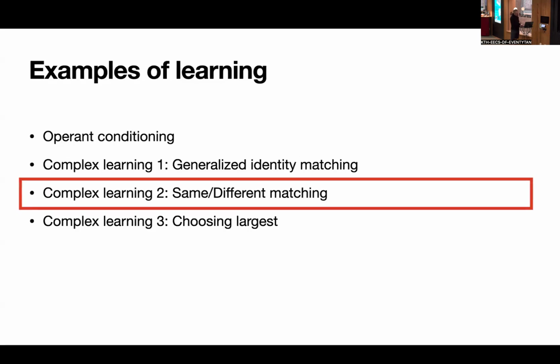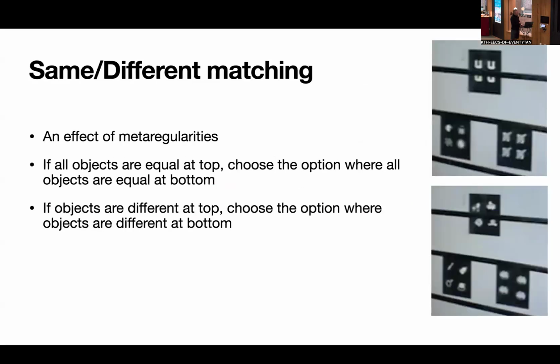And this is another example, also related to what Patrick showed, that we can imagine a task like this: if all objects in the top matrix are similar, then I should choose this matrix with only similar objects.